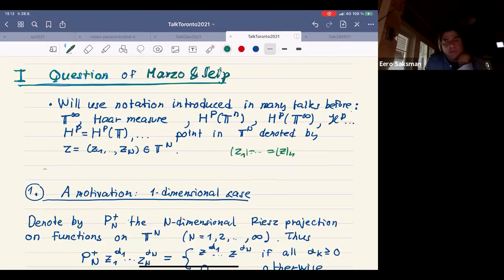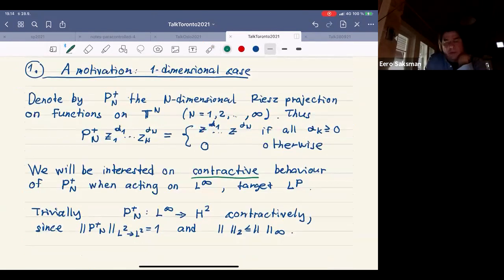Let me motivate it by going through in some detail the one-dimensional case. Let me denote by P_+^n the n-dimensional Riesz projection. It is just the standard orthogonal projection on L^2 to the analytic functions.